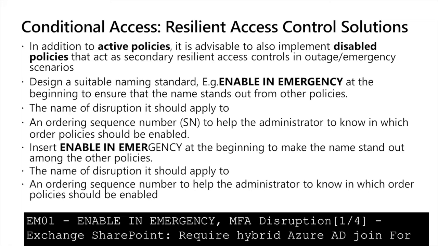You can imagine if you were in a bank, if this was a CEO or a user with a very, very sensitive role in an organization, this would really help you. So if the MFA service is offline, then yes, they can access their Exchange, but they can only do it from an authorized hybrid joined machine. I love this. Resilient access control.